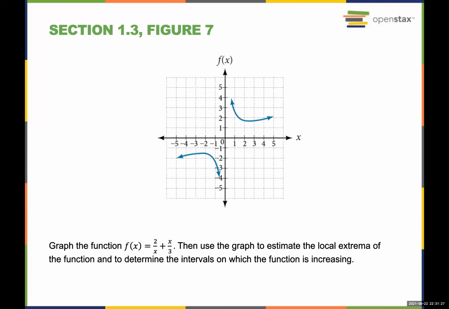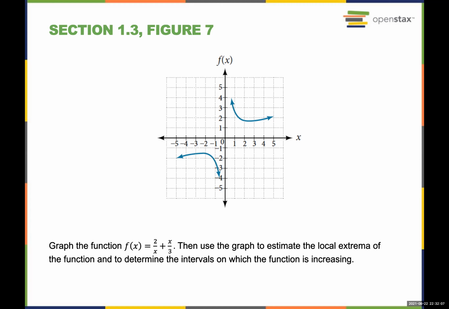Next one, given the graph of the function f of x is equal to 2 over x plus x over 3, use the graph to estimate the local extrema of the function and to determine intervals in which the function is increasing. So using technology, this is the graph of f of x.